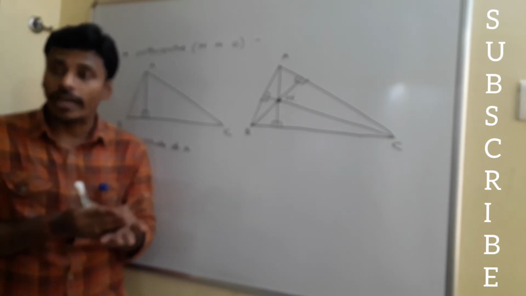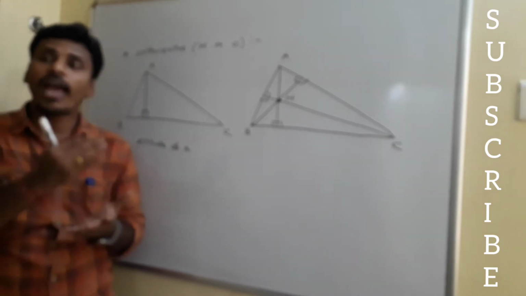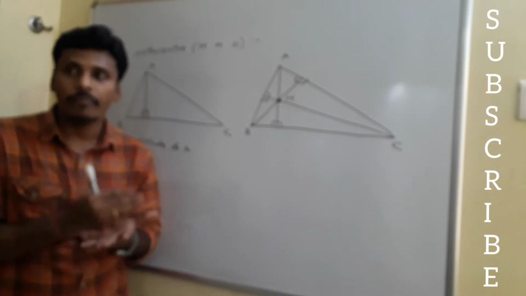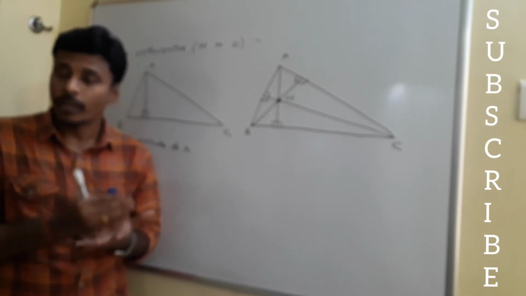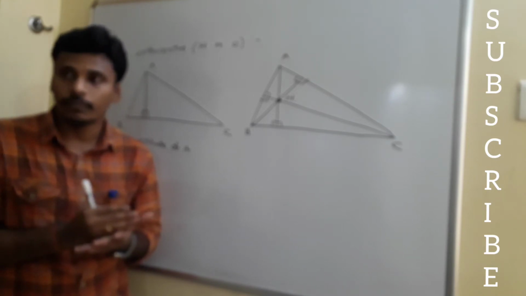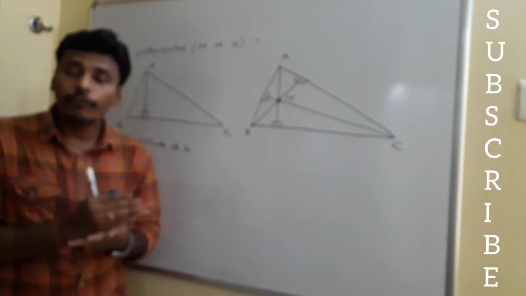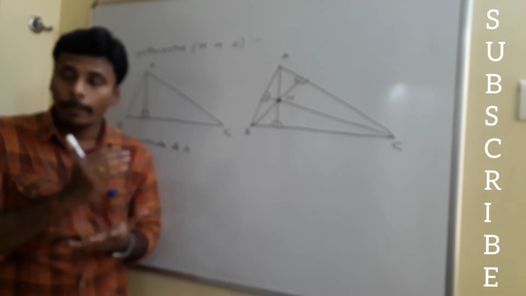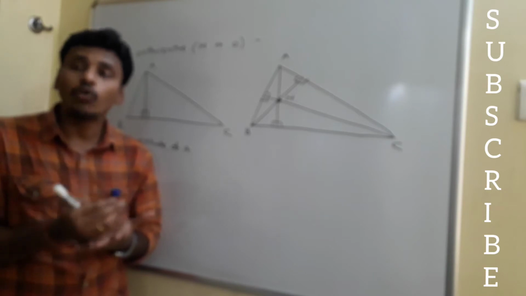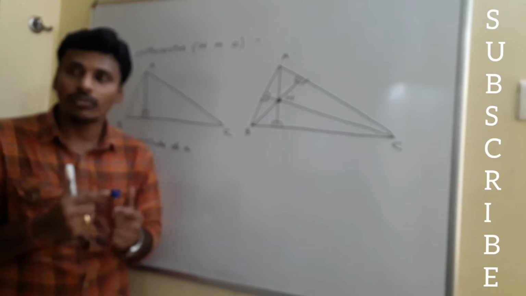We have a method to find the circumcenter using SA equals SB equals SC, and we have a formula to find the centroid as (x1 plus x2 plus x3 by 3, y1 plus y2 plus y3 by 3). But we don't have a direct rule or formula to find the orthocenter. So to find the orthocenter, if three vertices A(x1, y1), B(x2, y2) and C(x3, y3) are given, then we need the support of the Euler line in a triangle. Now I am going to discuss that Euler line.